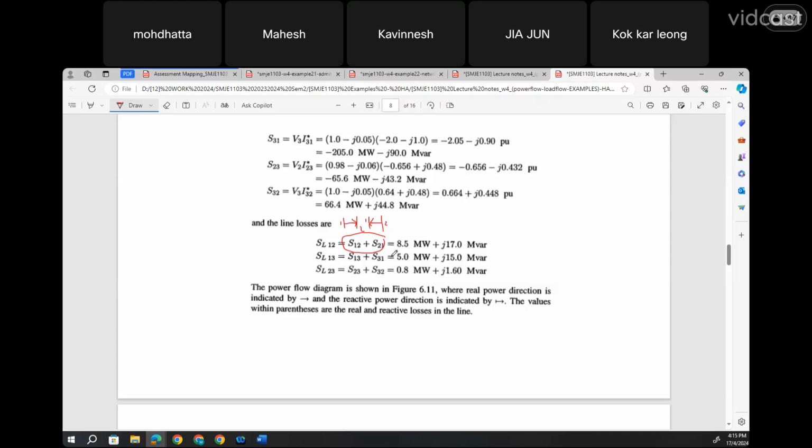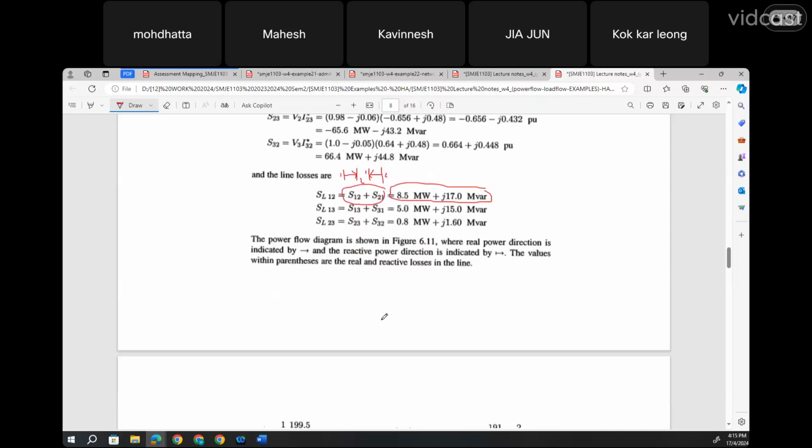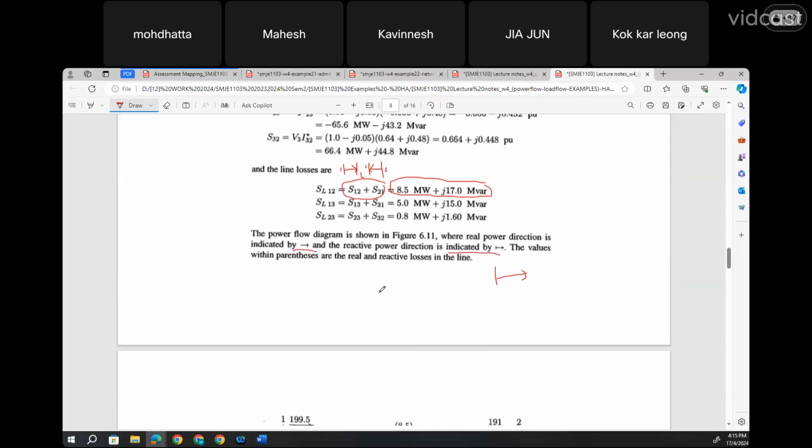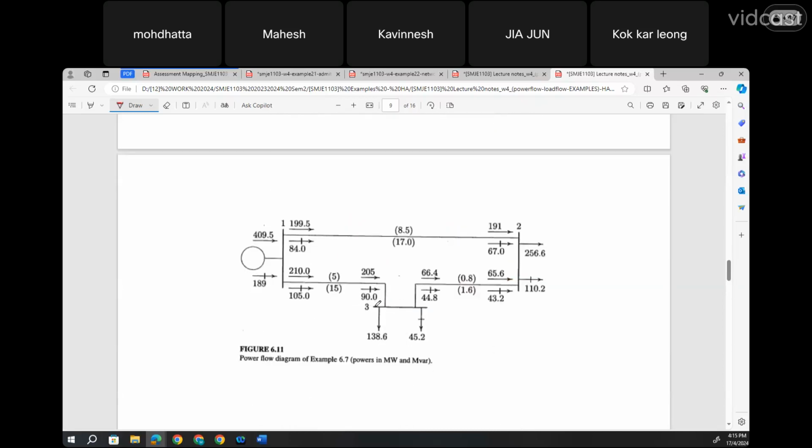This one is 1 to 2, and this one is 2 to 1. And you see that the difference between those gives you the net value of complex power. And here are some descriptions indicating the flow of the reactive power, and this one is for real power, and this indicates the direction for the reactive power. It's easier for us to see over here.